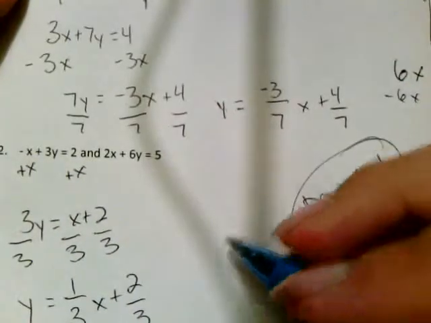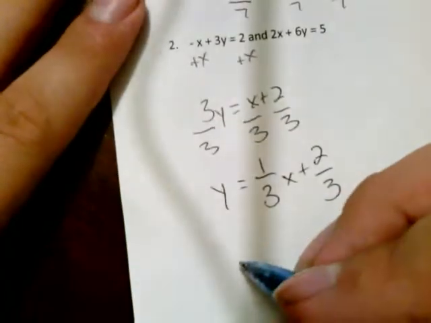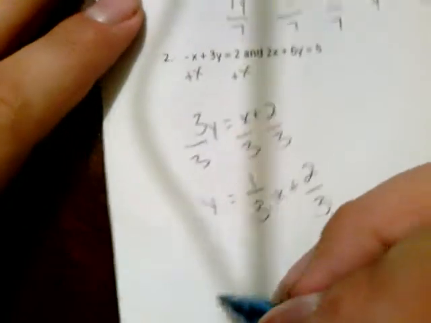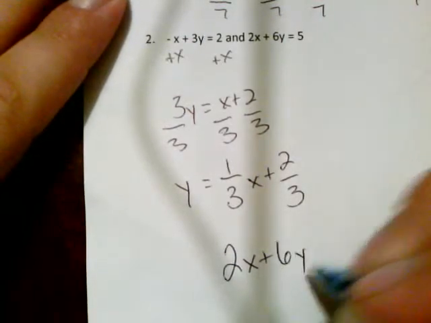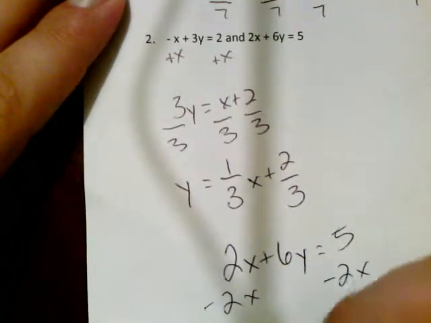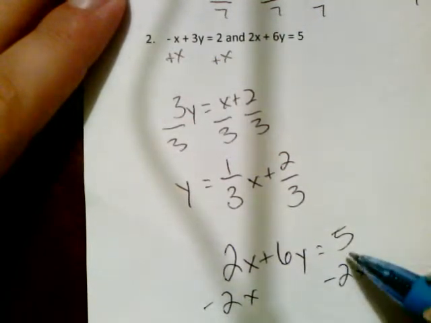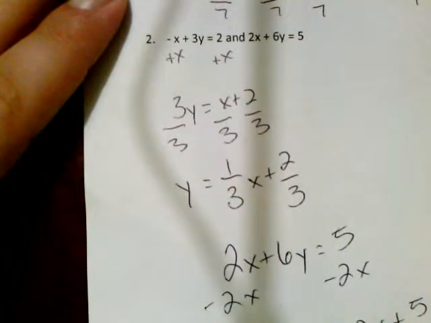The other one, 2x plus 6y equals 5, minus 2x, minus 2x. 6y equals negative 2x plus 5, divided by 6, divided by 6, divided by 6. Okay.